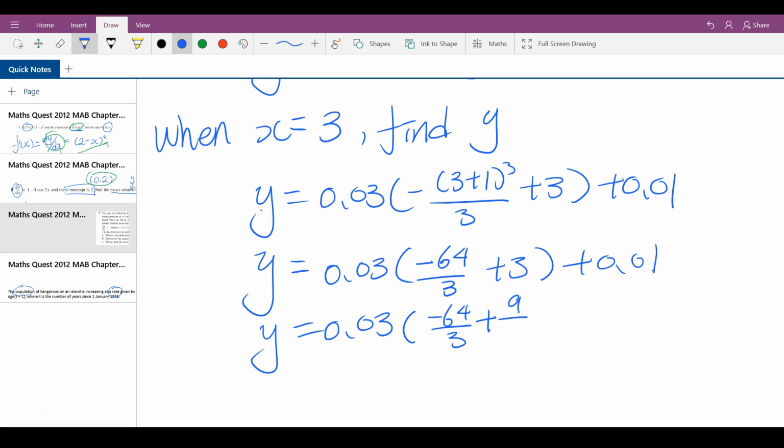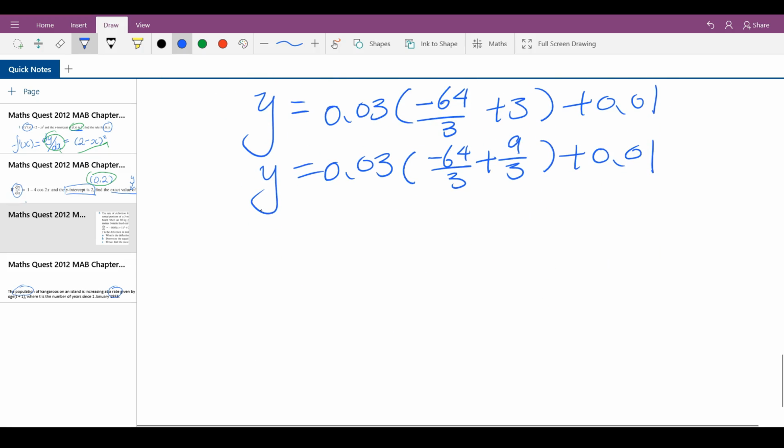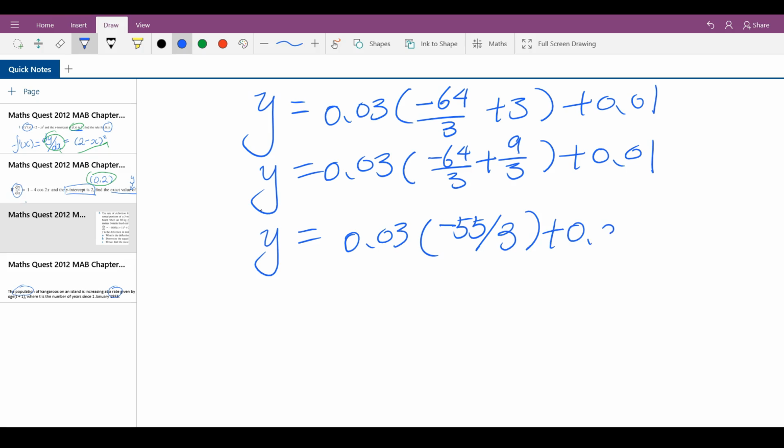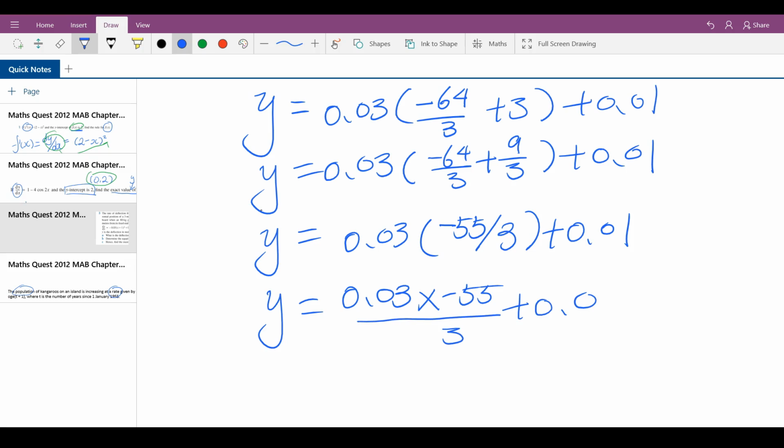So we convert this to 9 over 3. Now, negative 64 plus 9 would give us negative 55 over 3 plus 0.01. So y is equal to 0.03 multiplied by negative 55 over 3 plus 0.01.